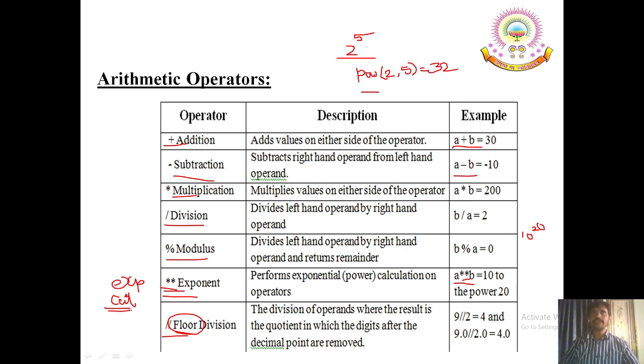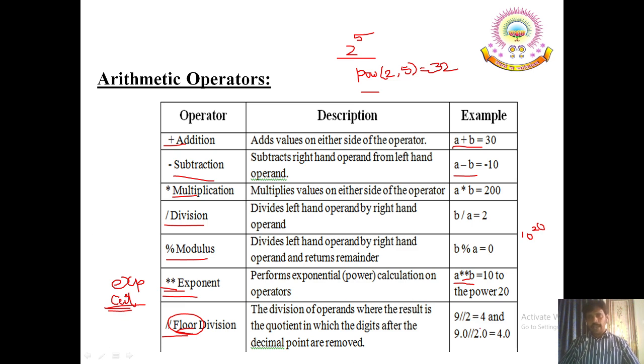If it is an integer value, the same value is returned. If it is a float value, the nearest upper integer value will be returned by the ceil function. And the opposite to that ceil function is floor. Floor of, say for example, 2.5, it will return 2. Floor of 7.98, it will return 7. Floor of 7, it will return 7.